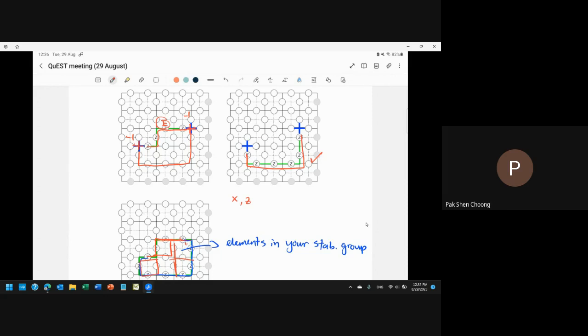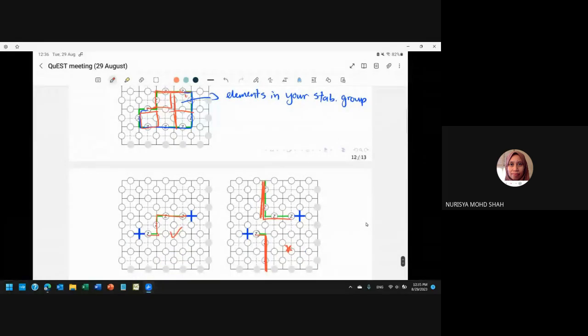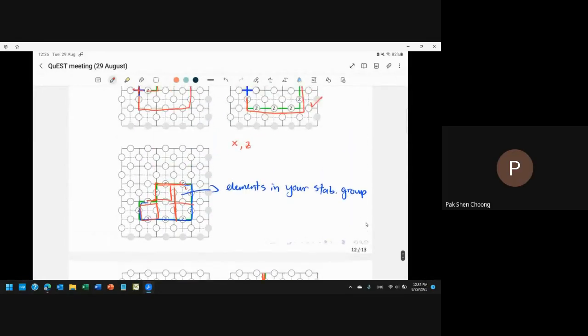It's the same thing. For this case, they always choose five vertices, just for the sake of example. Yeah, of course you can go more.